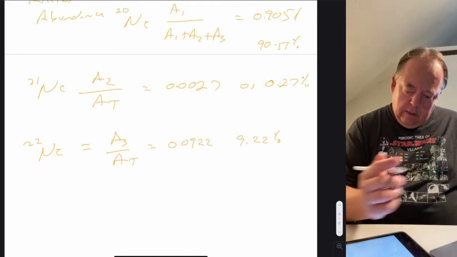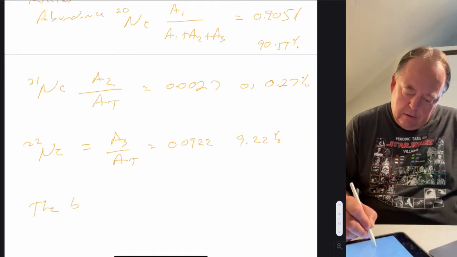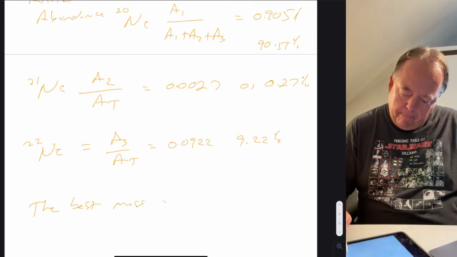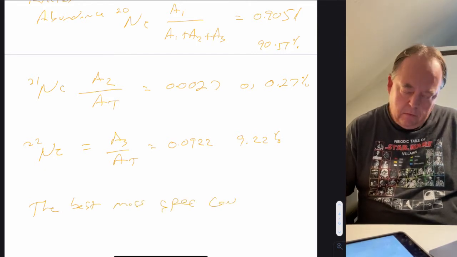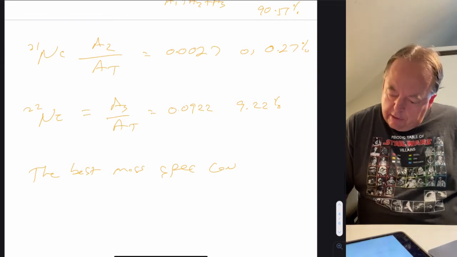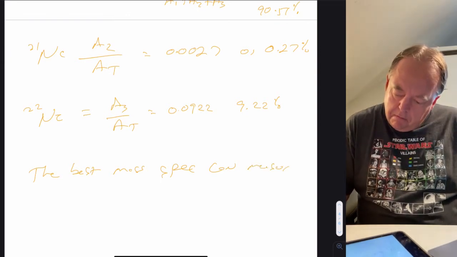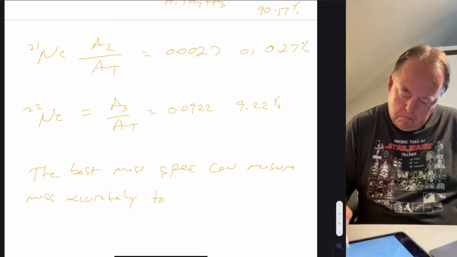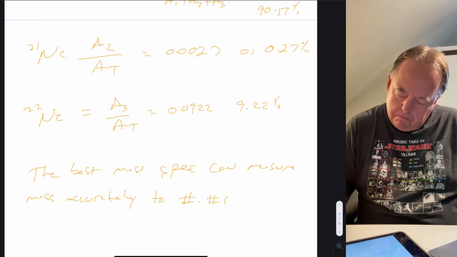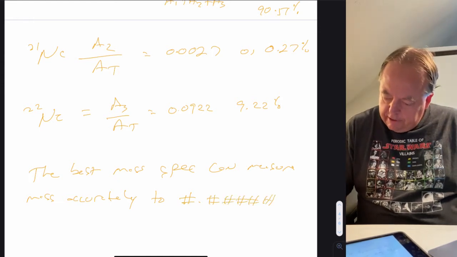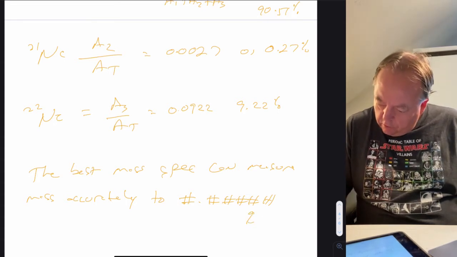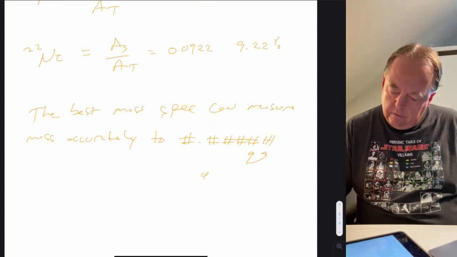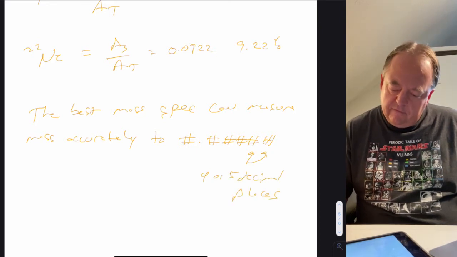Okay. So again, the best mass spec can measure mass accurately down to 4 or 5 decimal places.